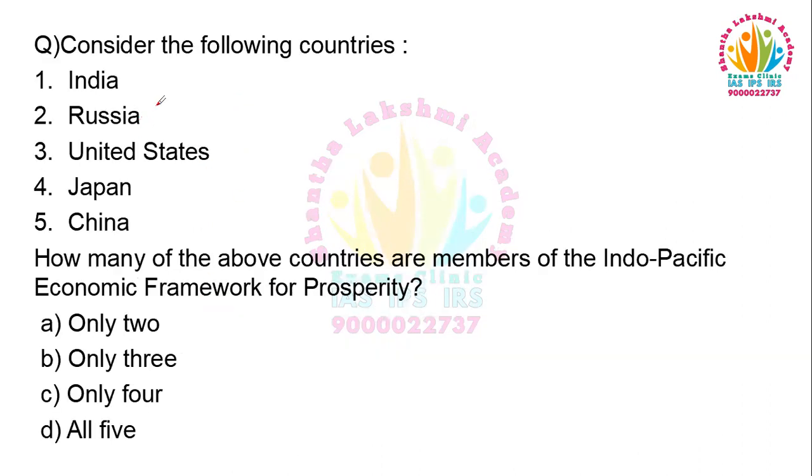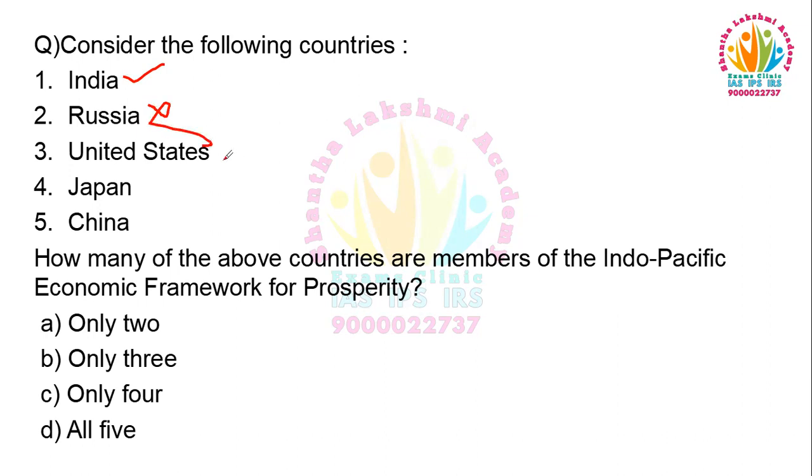Next question, consider the following countries: India, Russia, United States, Japan, and China. How many of the above countries are members of the Indo-Pacific Economic Framework for Prosperity? Only 2, only 3, only 4, all 5. India is a part of this framework. Russia, it is not a part of it.